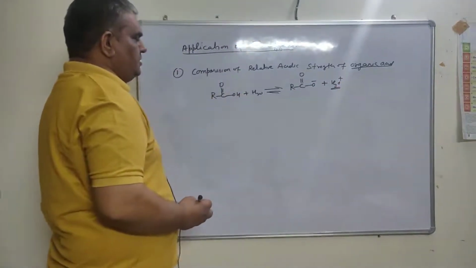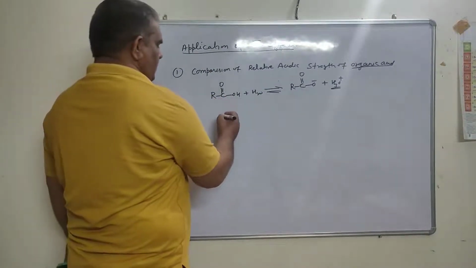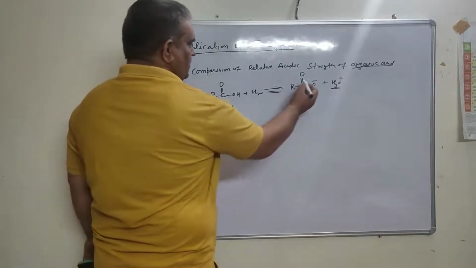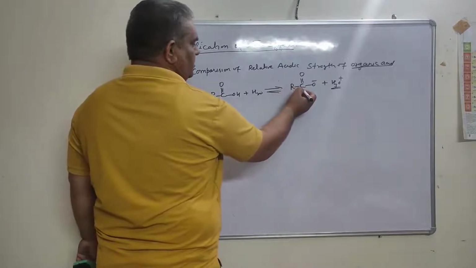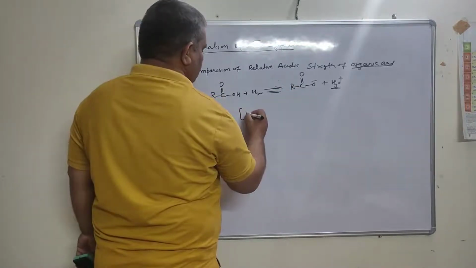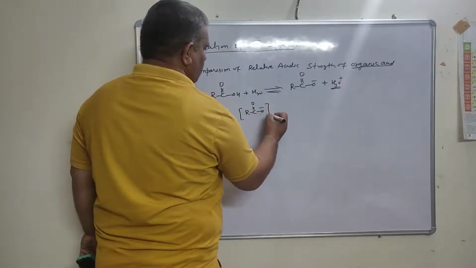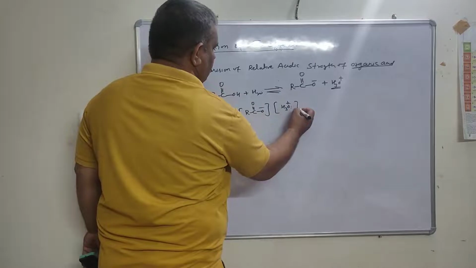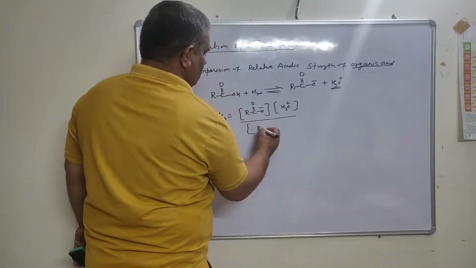and the strength of the acid is expressed by Ka. Ka is the acidity constant. This is the concentration of the products divided by the concentration of the reactants: the concentration of the carboxylate anion, the concentration of the hydronium ion, and the concentration of the carboxylic acid.